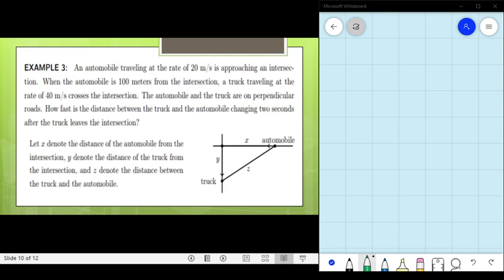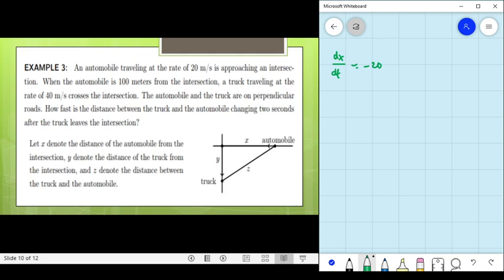Okay, so as you can see, when the automobile is approaching the intersection, is our x increasing or decreasing? It is decreasing. That is why our dx over dt, which is 20 meters per second, should be negative 20. Okay?